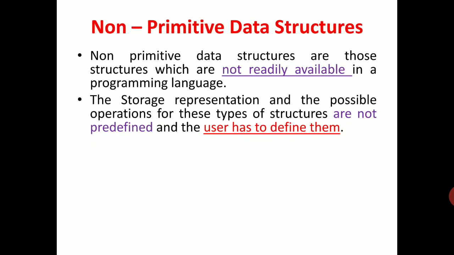We'll see a second point here. The storage representation and the possible operations for these types of structures are not predefined, and the user has to define them. That means the user has to define the non-primitive data structures. Already we have seen in the classification that examples of non-primitive data structures are array, stack, queue, linked list.